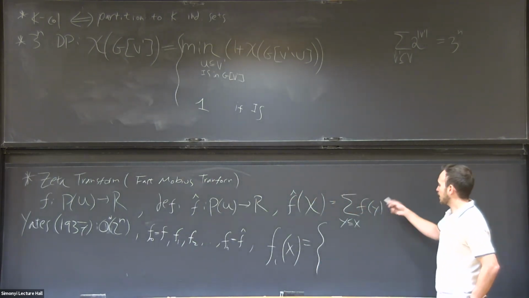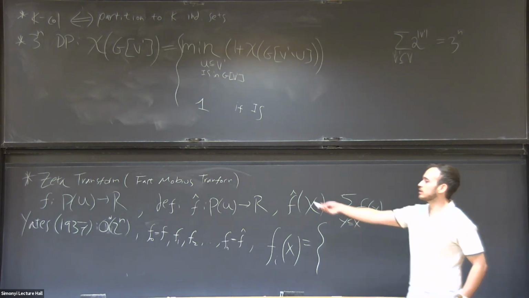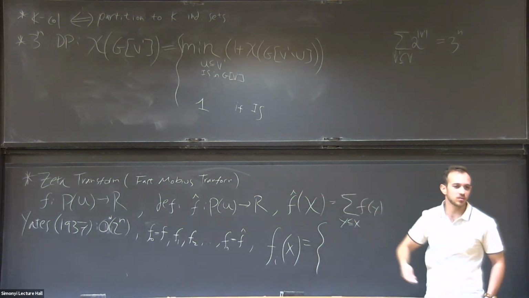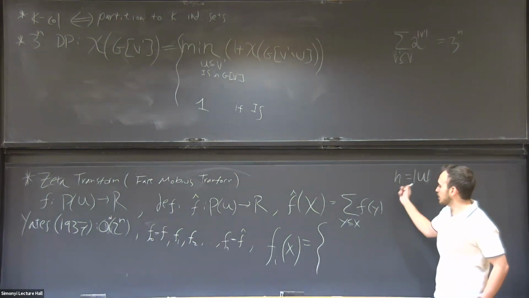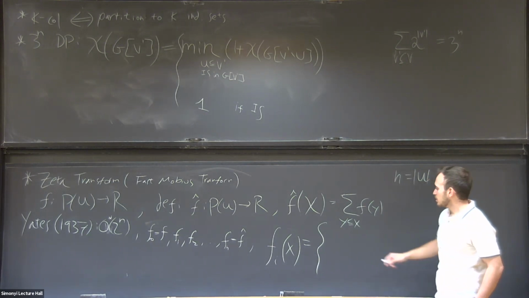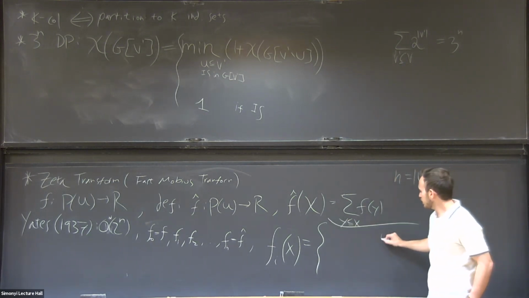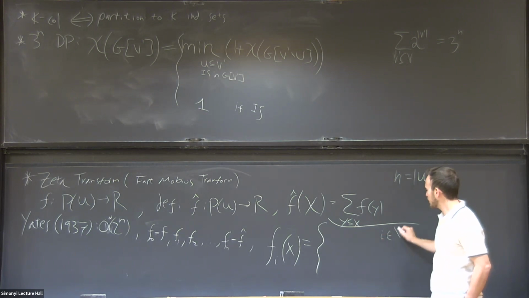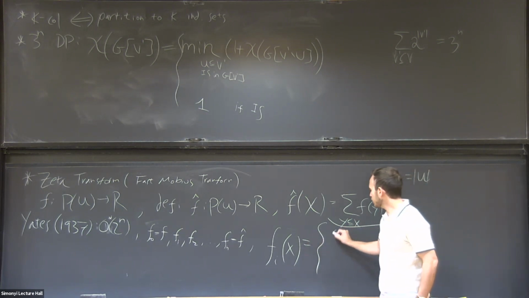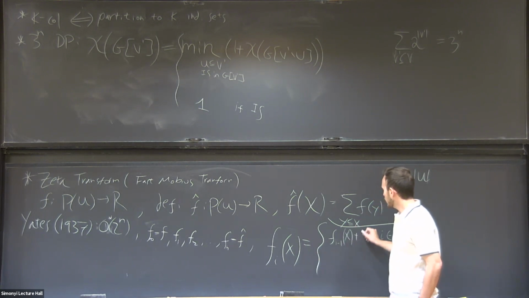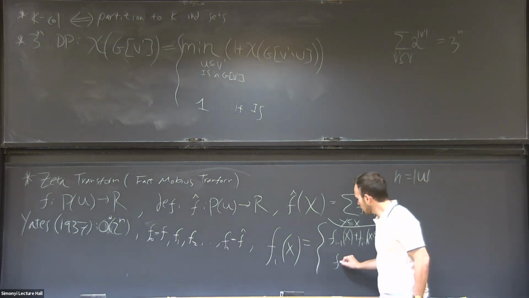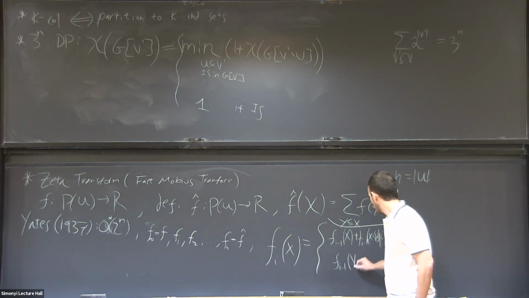I need some order over my elements, so let's call my elements 1 to n, where n is the number of elements. I will have 2 cases. The first case is if i is within my subset x, then fi of x will be defined as fi minus 1 of x plus fi minus 1 of x without i, and otherwise it will be just fi minus 1 of x.